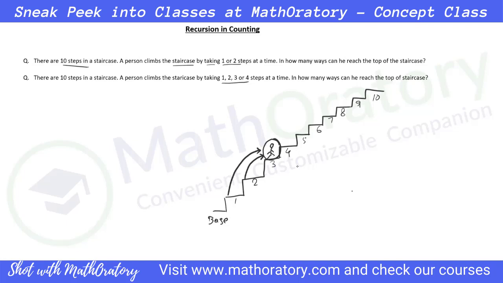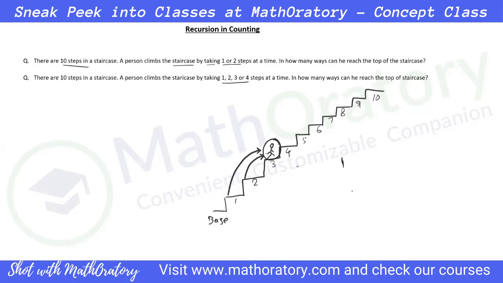Please understand, he could have gone from 1 to 2 and then 2 to 3, but that really doesn't matter because when we are saying that he can reach from 2 to 3 directly, we are counting all the cases where he reaches 2 from 1. So that will be automatically taken into account. So you can treat these two things, directly from 1 and directly from 2.